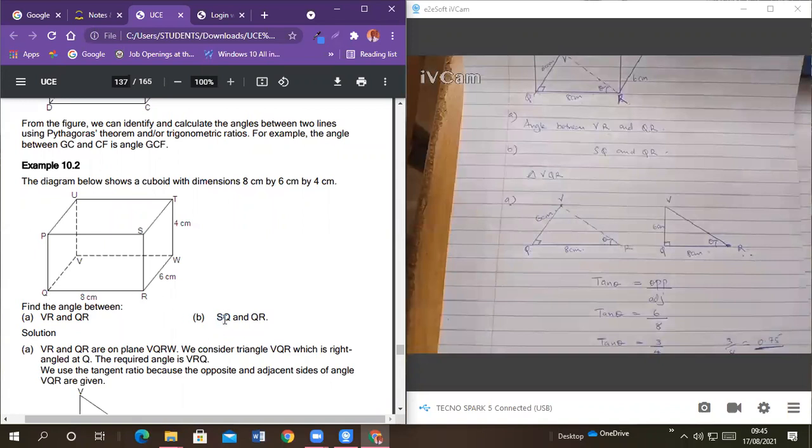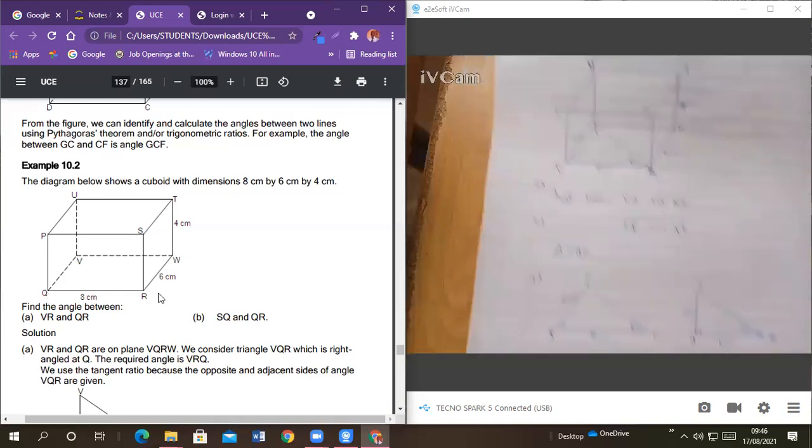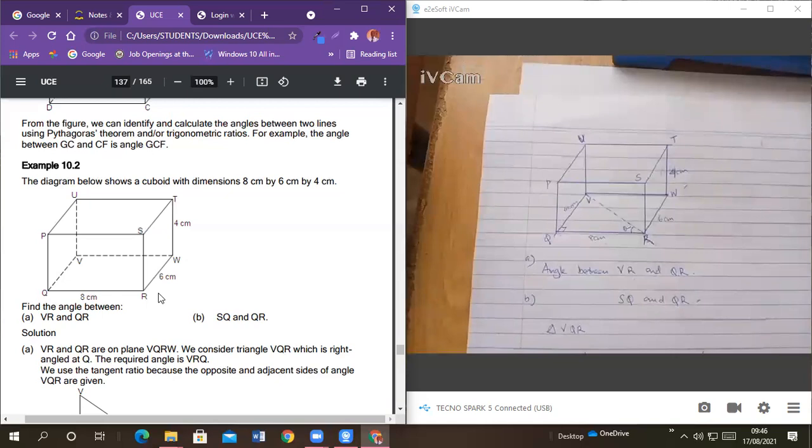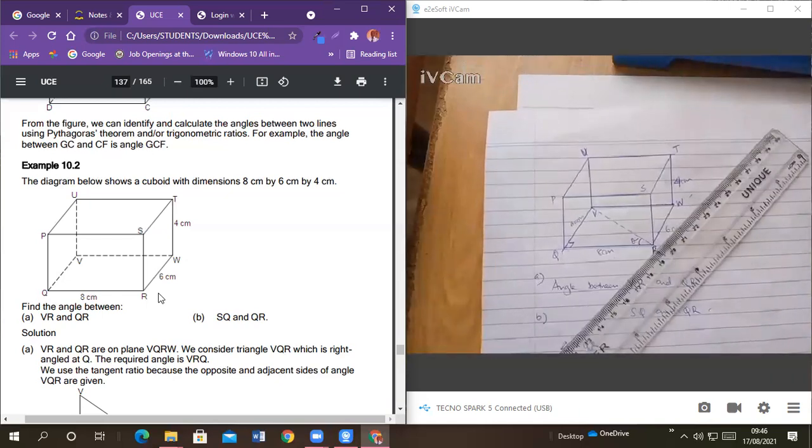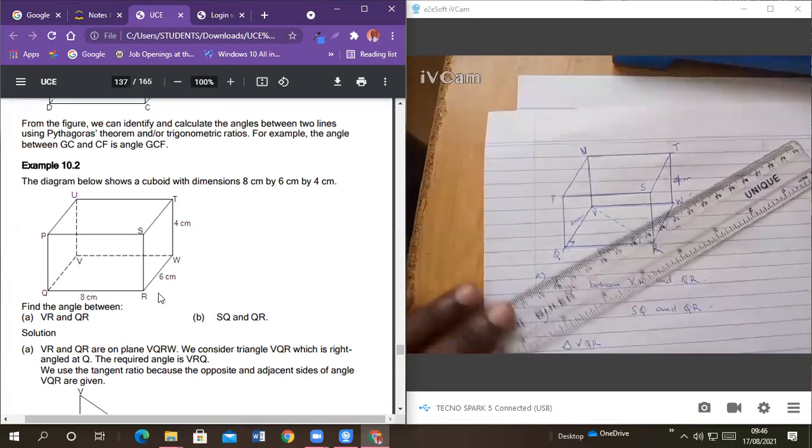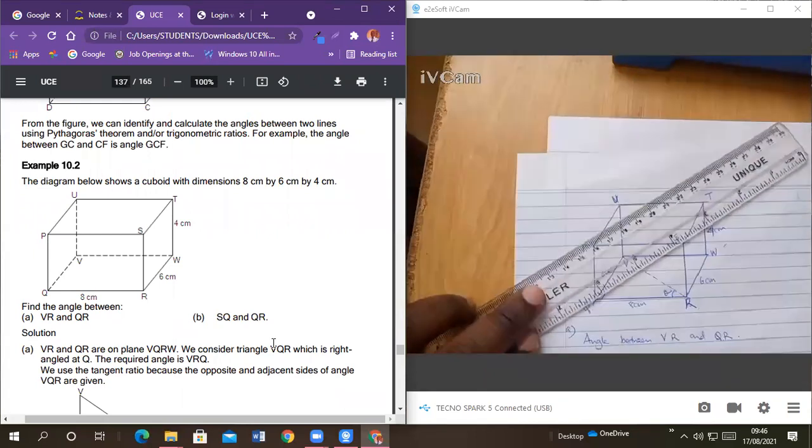So this is SQ and this is QR. So at Q, that's where we expect the angle to be between the line SQ and the line QR. So what we are going to do, we are going to go back to that diagram and we are going to draw a line QR.